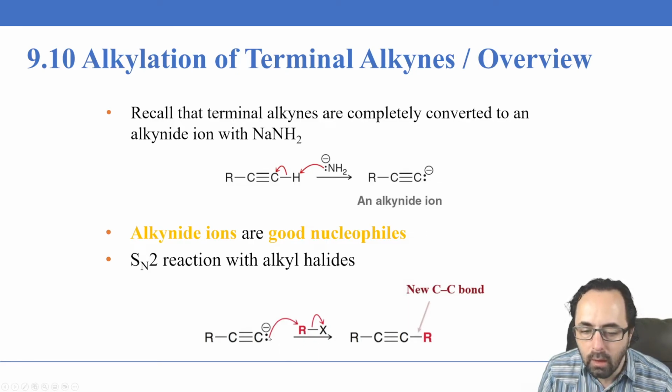Here we have an SN2 type attack, which will be best, of course, if this is not too substituted. We have the attack of the substrate from the back side, and then the leaving of the halogen as a leaving group. And now we have a new CC bond.